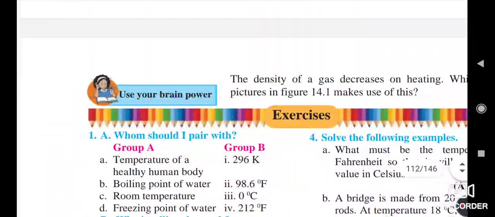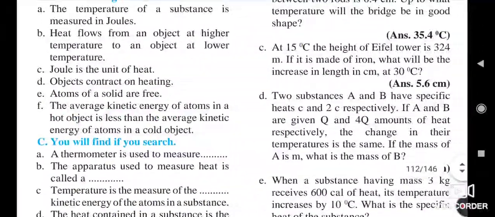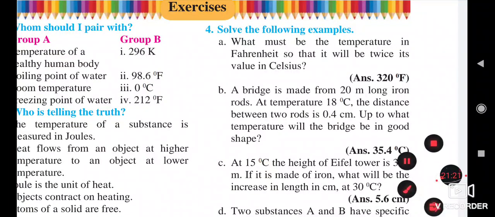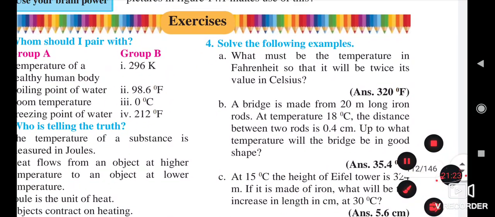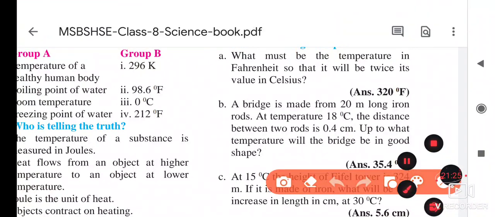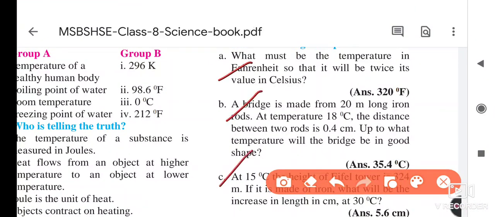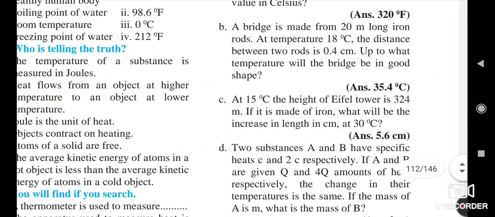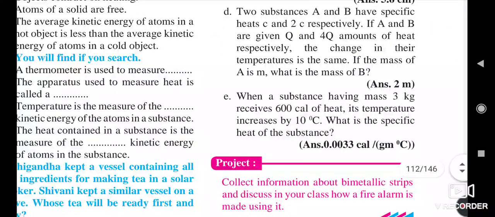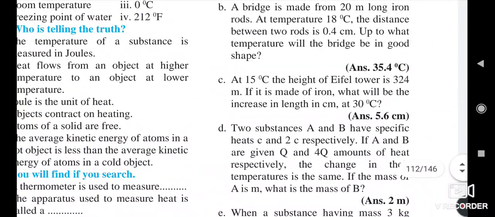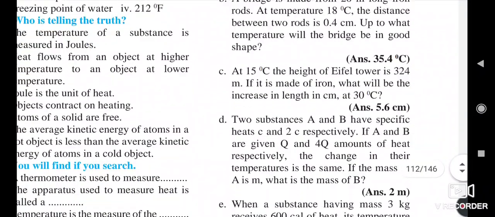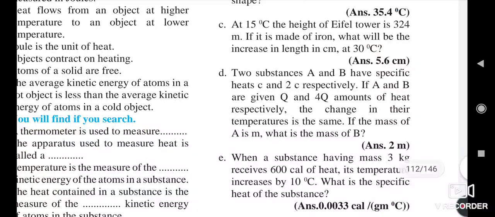So for answering these questions, write down and solve these questions, that is A, B, C, and D in your book, and read it thoroughly, while you must write down these questions. This is very important.